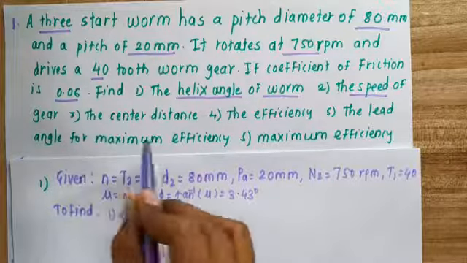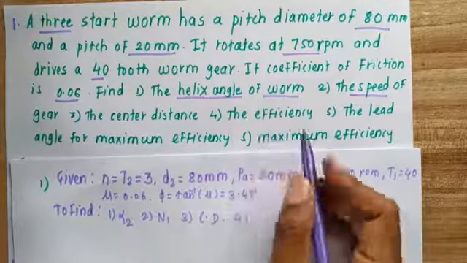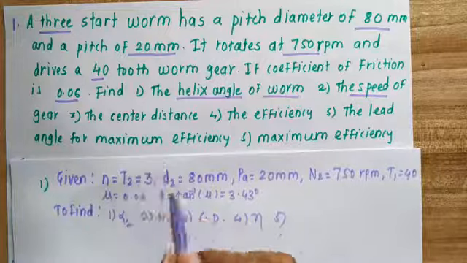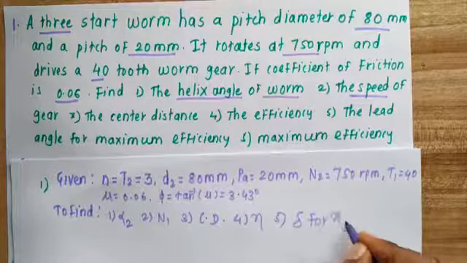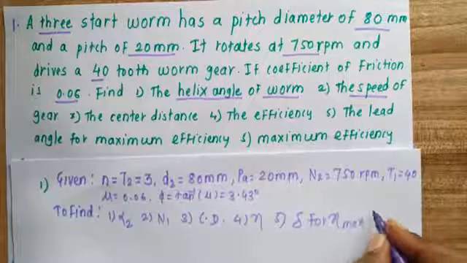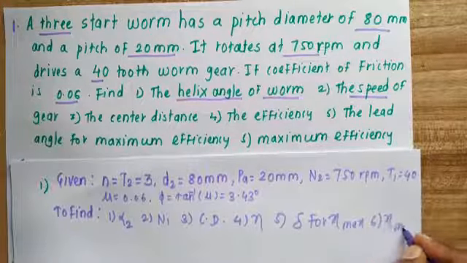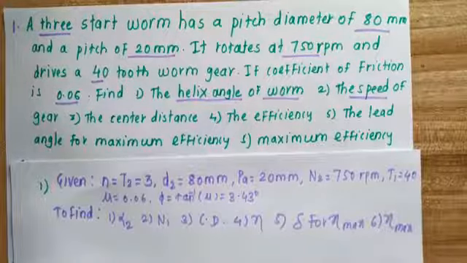Next, the center distance, that is CD. Fourth, efficiency. Fifth, lead angle for maximum efficiency, so delta for efficiency max. And the last one, maximum efficiency. So this is our data, meaning what is given to us and what we have to find out.